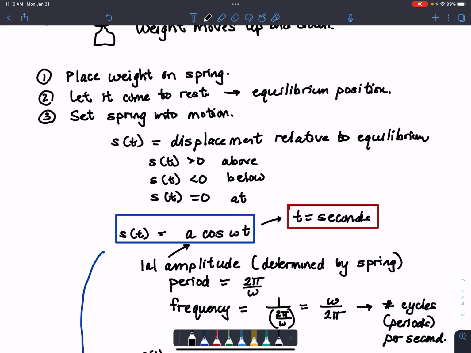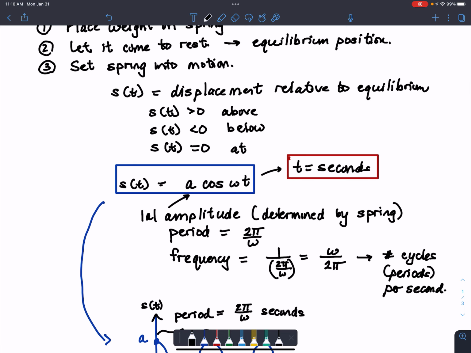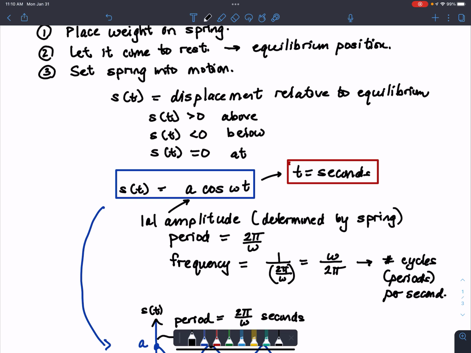Now, the period, as we already know from earlier, is 2 pi divided by whatever the number is in front of t. So that's 2 pi over omega. And we can define what's called the frequency, which is basically the reciprocal of the period. So let's say the period is 2 seconds. That means that every 2 seconds we go through one cycle or one revolution.